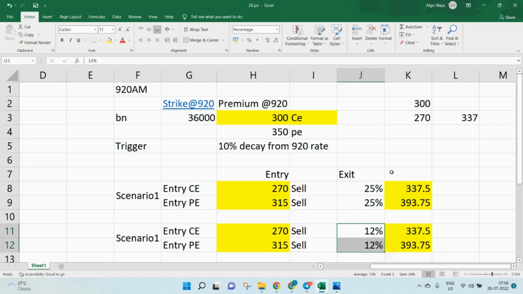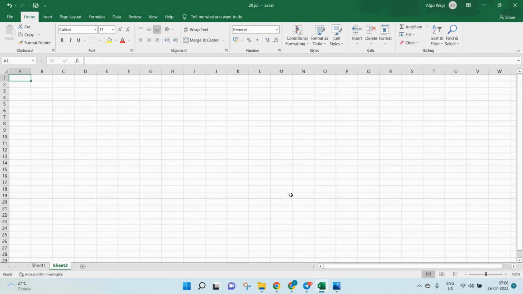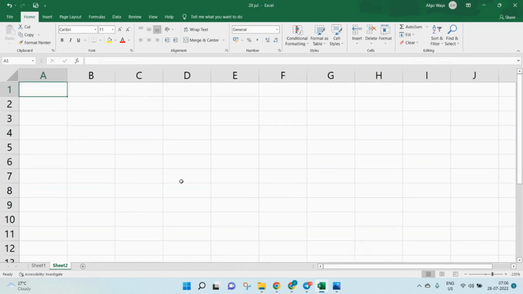So there has to be some roundabout. I have used a Python patch in Tradetron to identify the 9:20 strikes and the premium. On the second page, I'll summarize the backtest data.